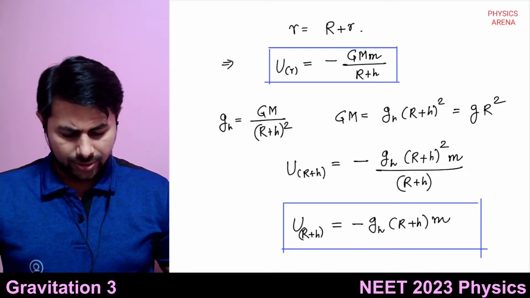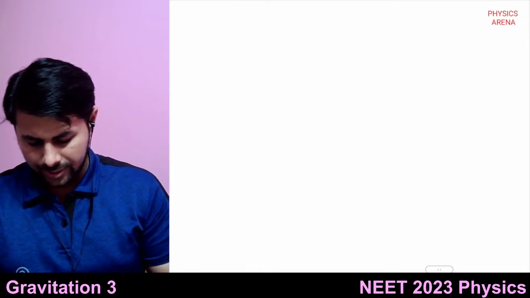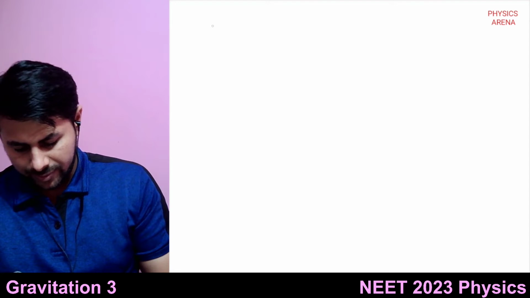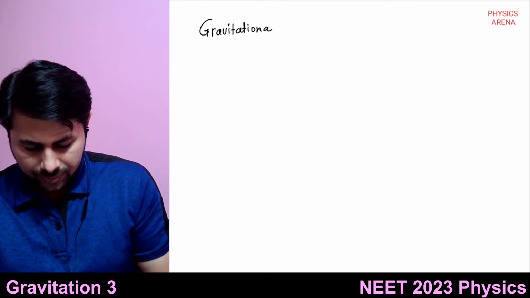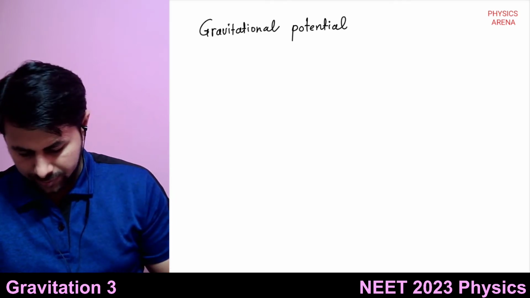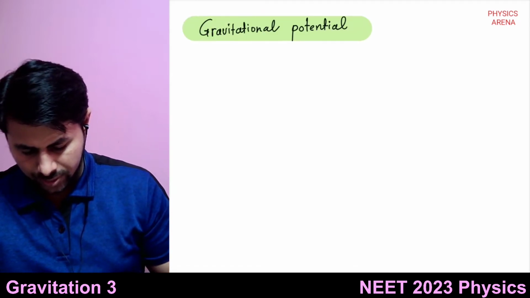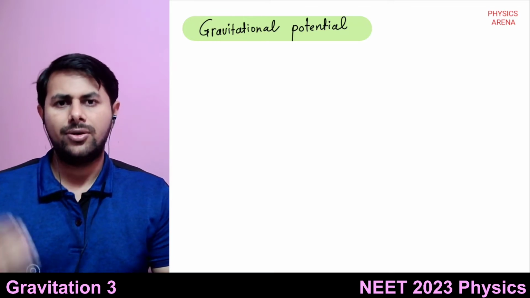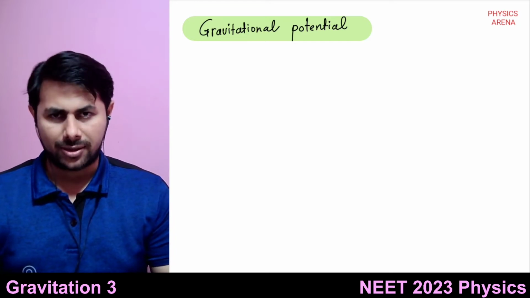Okay, so this is gravitational potential energy. Then we define the gravitational potential due to Earth. So gravitational potential at distance r is equal to work done per unit mass to bring that mass from infinity to r.